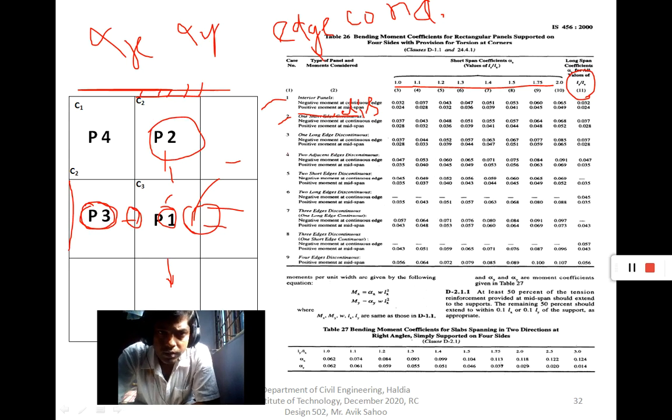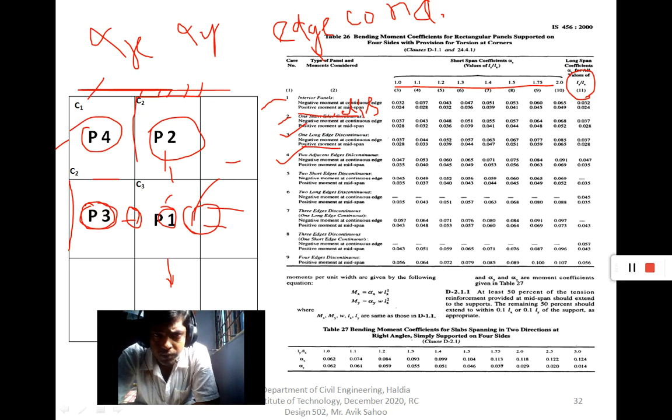Two adjacent edges discontinuous is the fourth case. Here two adjacent edges are discontinuous, so this is panel 4. The span moment is positive, so there is a positive span moment at midspan and a negative moment at the continuous edges. So this panel is continuous over this edge, and here the negative moment is developed.